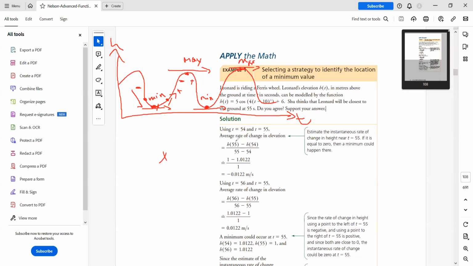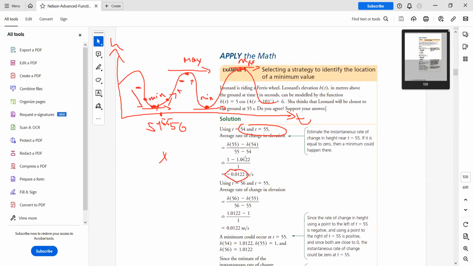In this example, you can see that they took 2 points, times 54 seconds and 56 seconds, before and after the moment 55 seconds. Basically, this gives us equally spaced intervals in front of and behind this point.